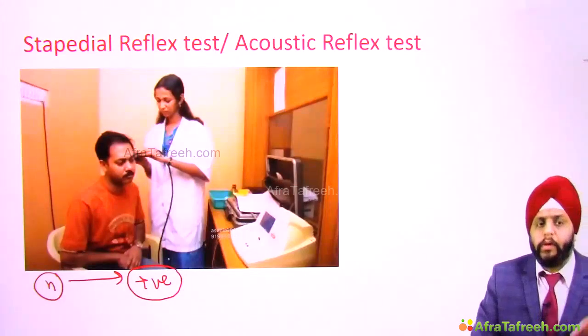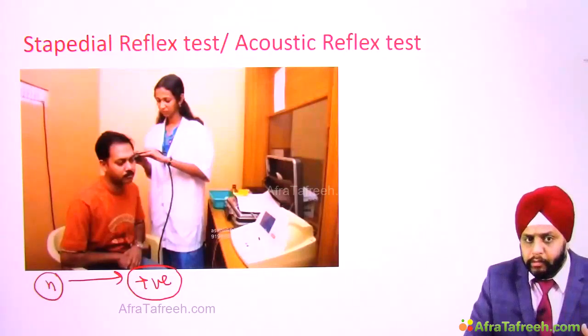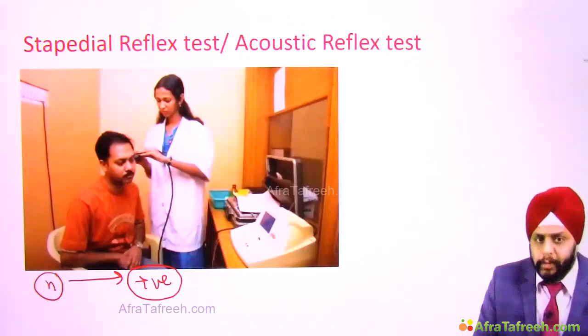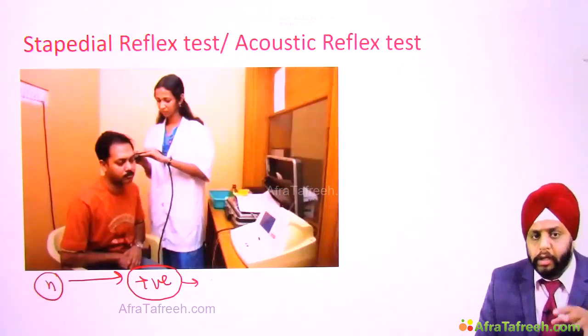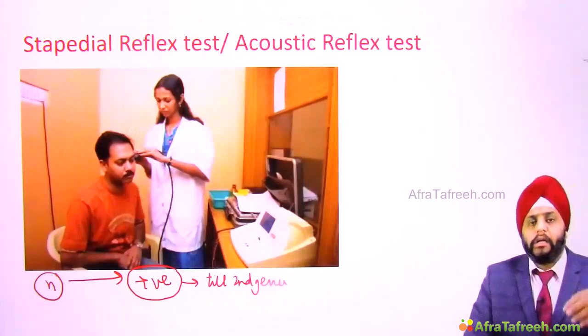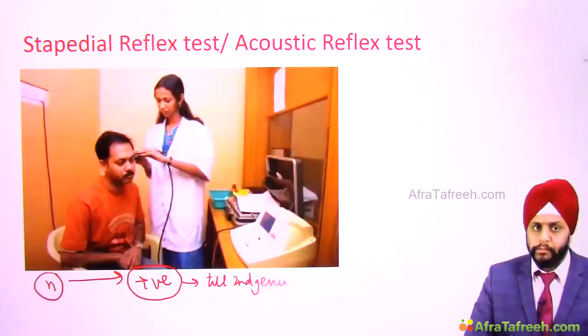So positive is normal. If the stapedial reflex is positive, it's a protective reflex, so it has to be present. It is present, it is positive. That means it's a normal response. That means the facial nerve is normal till second genu. Remember, the nerve to stapedius comes out immediately after the second genu.